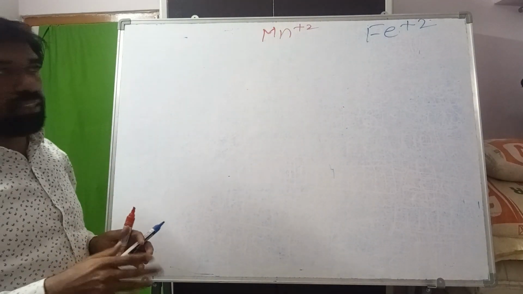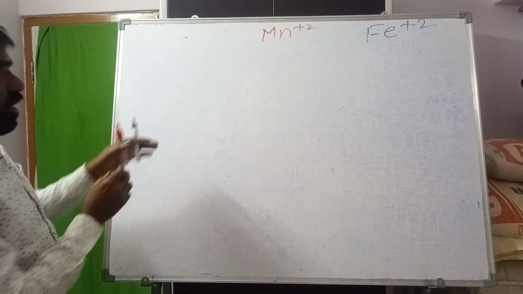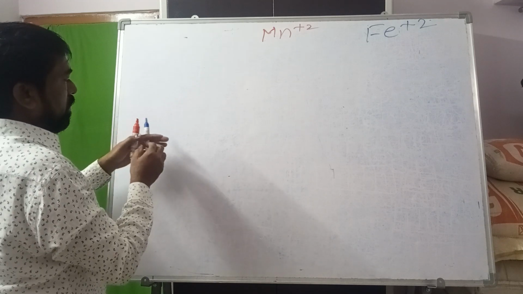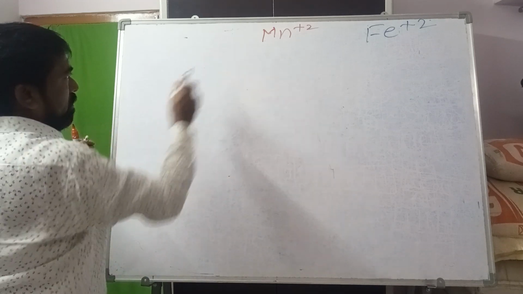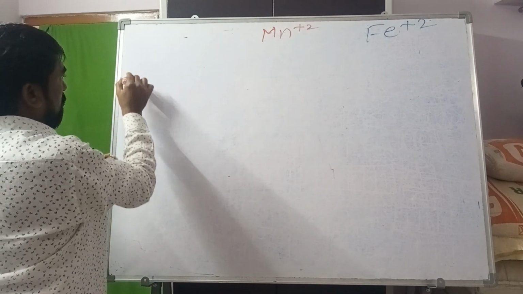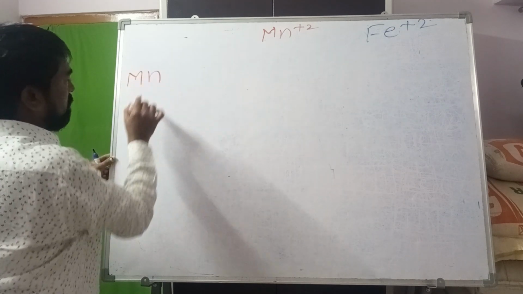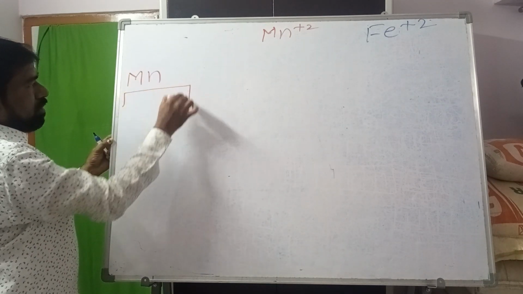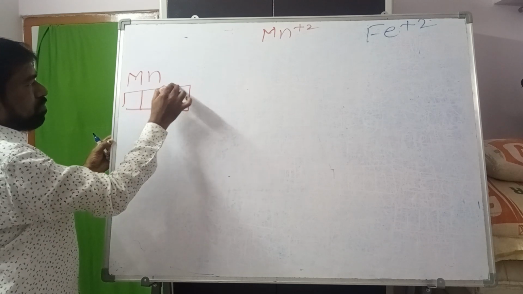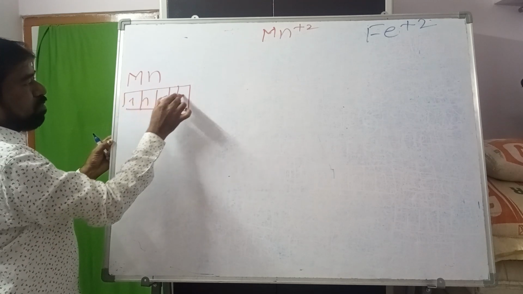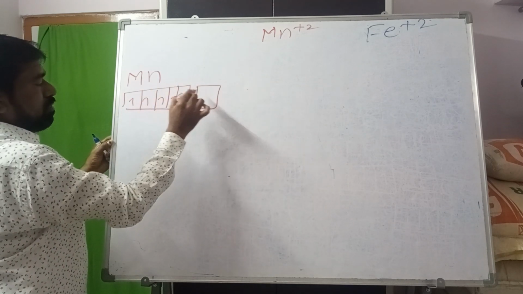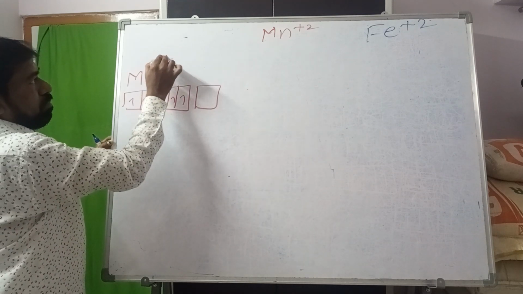In this case, further electron removal. Mn plus 2 formation means it comes from Mn. Manganese, we know that it is d5 s2: 1, 2, 3, 4, 5 and 4s. And it is from Mn plus.